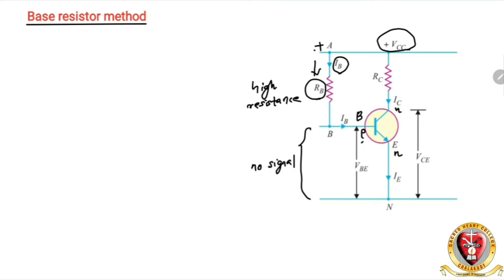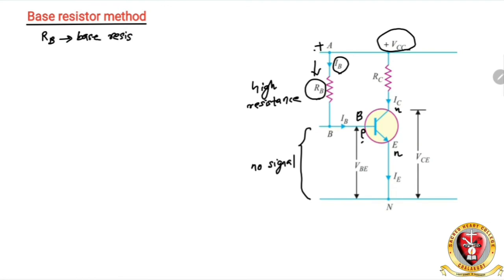The input circuit, or base emitter junction, is always forward biased. Now we can find out the required values of IB and IC by properly selecting the value of base resistor RB. RB is known as the base resistor.